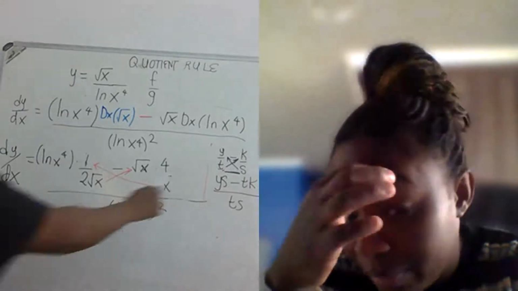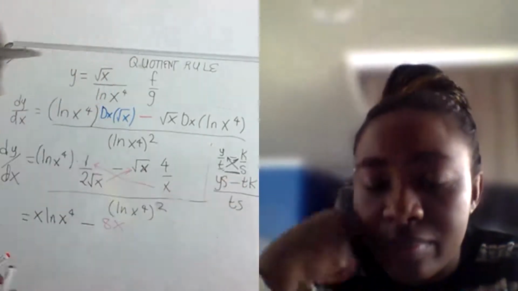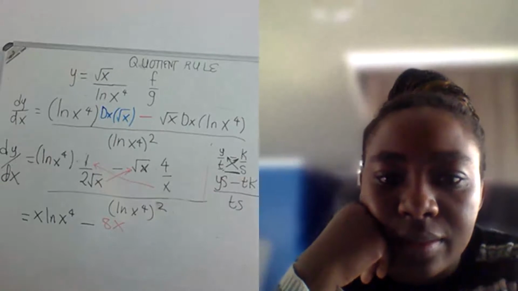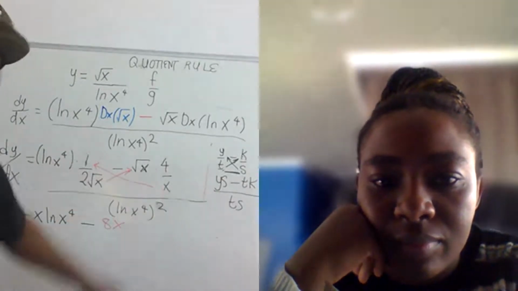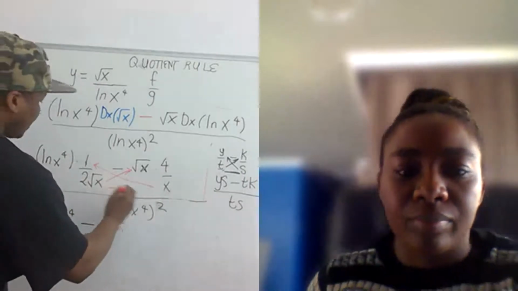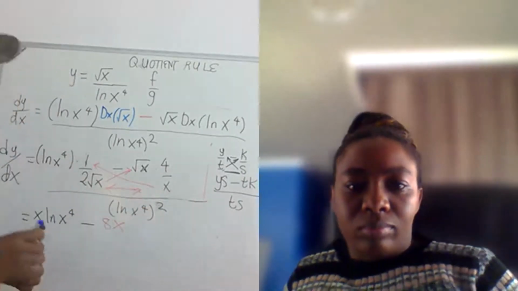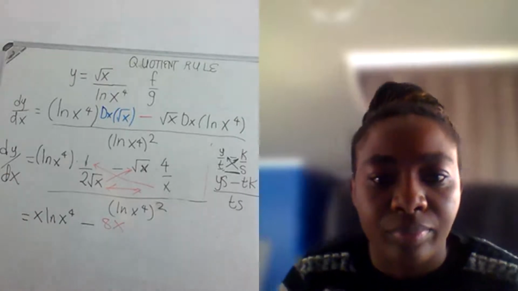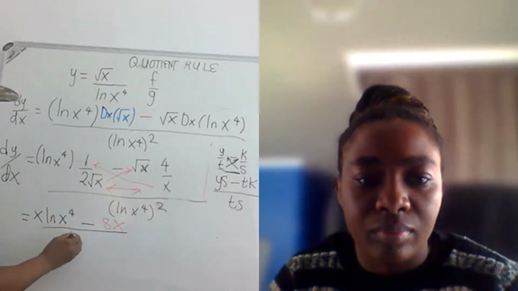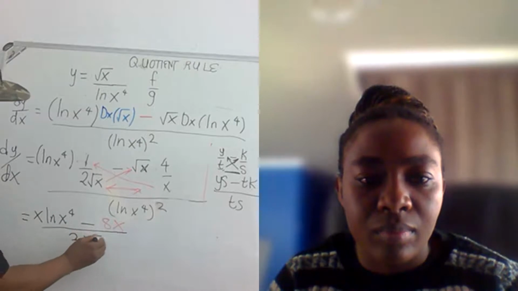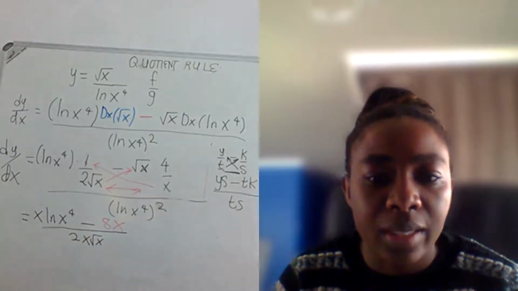And then after, remember, you must multiply the denominator. What is the denominator? 2 square root of x times x, which gives us 2x square root of x. You agree with me? Yeah.